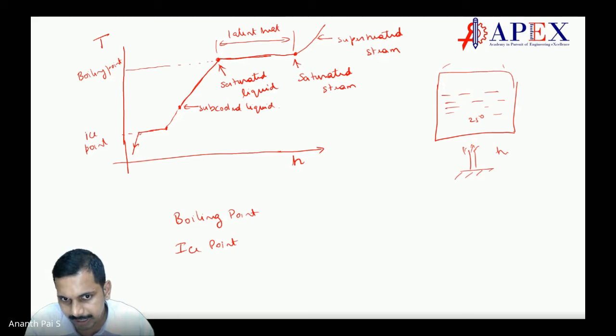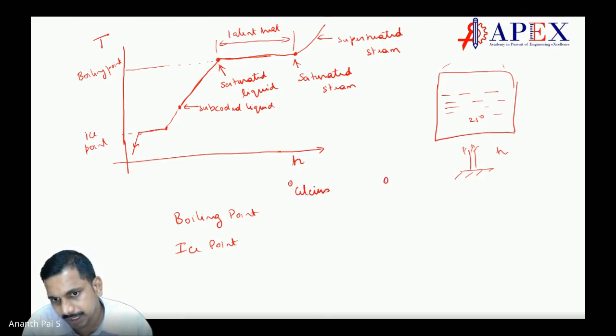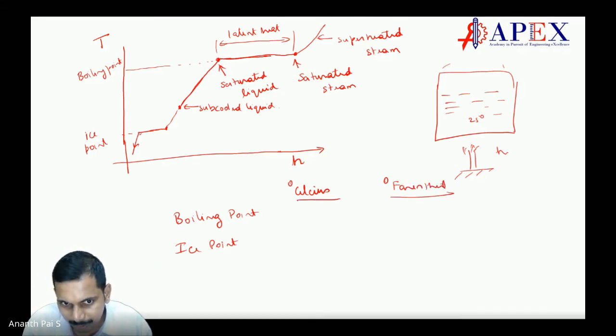We will take degree Celsius, degree Fahrenheit. If I take that, in degree Celsius boiling point is 100, in Fahrenheit it is 212, and ice point is 0 degrees centigrade, in Fahrenheit it is 32.